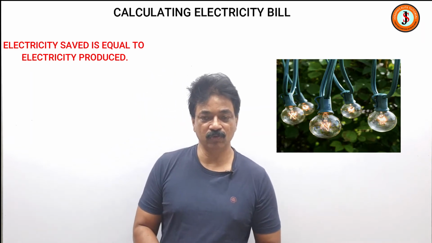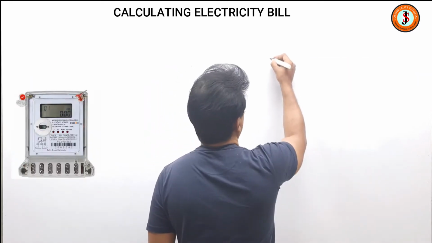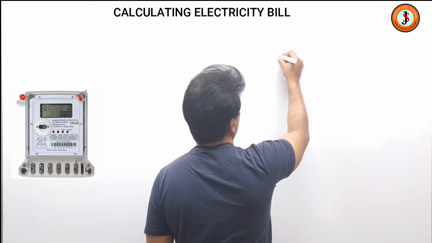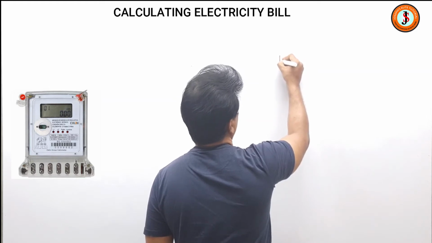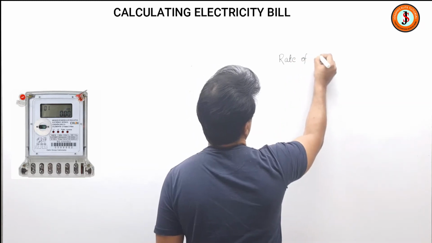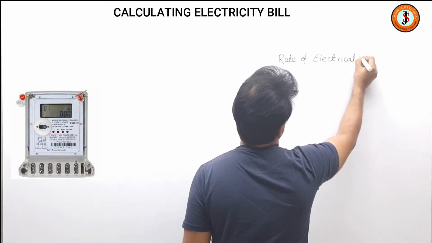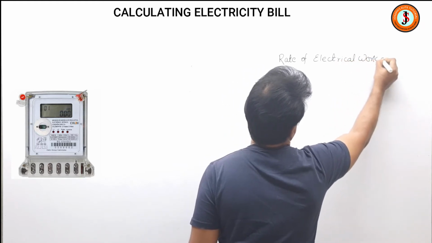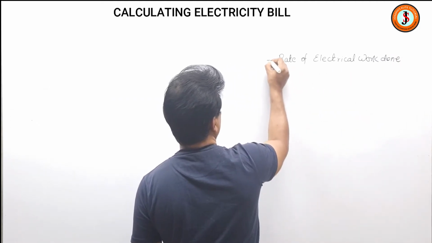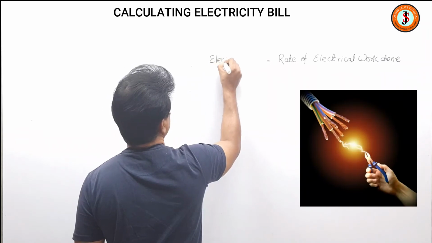So we know, first, that electrical work done, we call rate of electrical work done, is called electrical power.